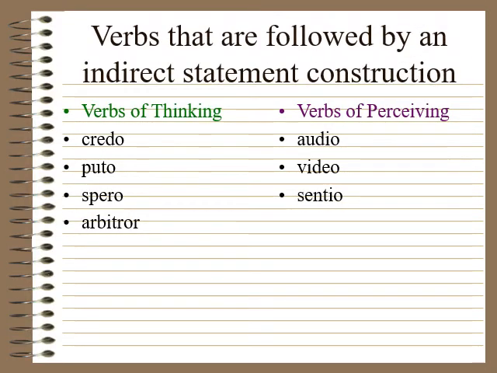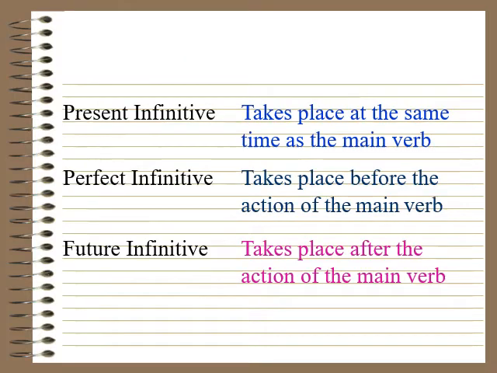Verbs of thinking, like credo or puto, and verbs of perceiving, like I heard something, or I saw something, or I feel something, sentio, would be another one. So any of these verbs, when you see it, you automatically should think of indirect statement.